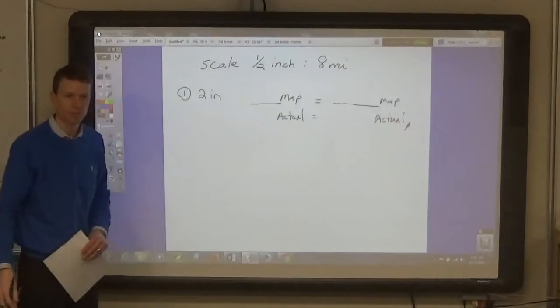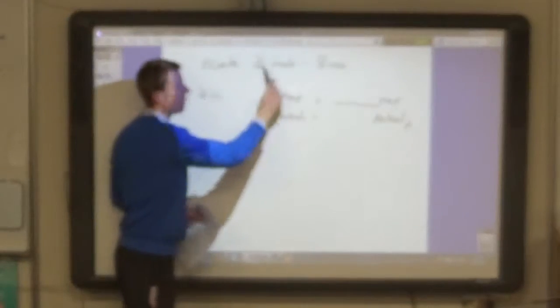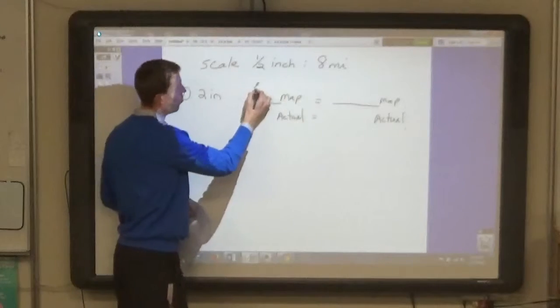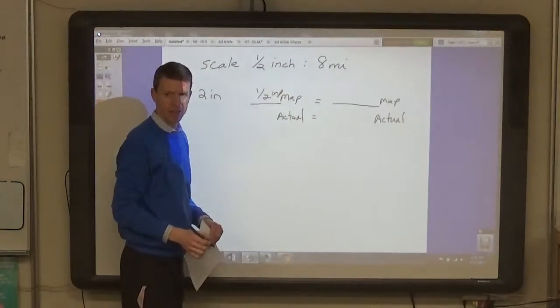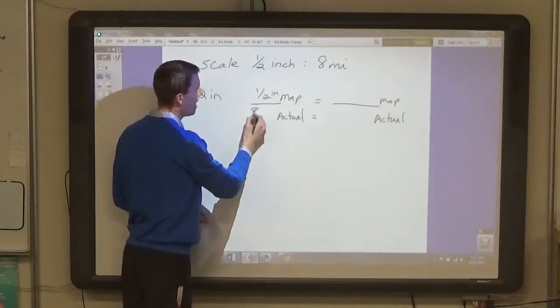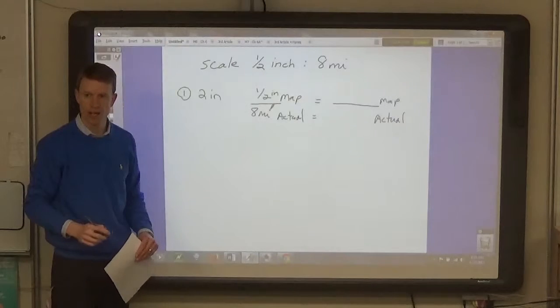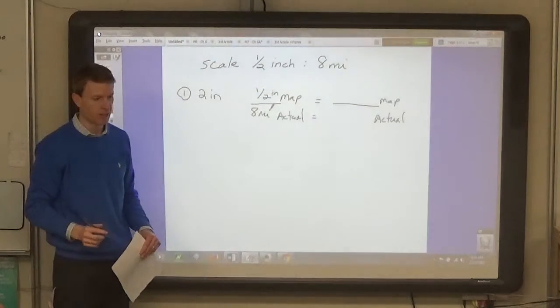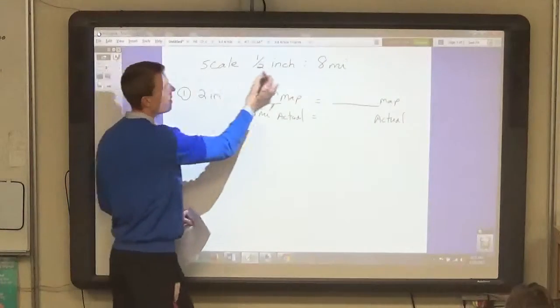Now, this is the first ratio that's given. So 1/2 inch on the map is equal to 8 miles of actual distance. I'll write that down as your first ratio. This is the scale that's given.